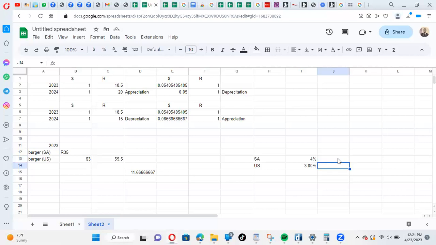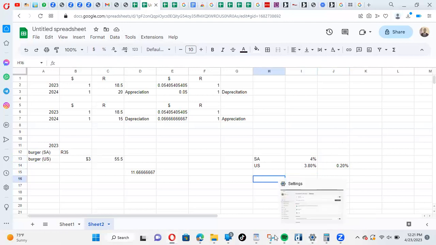So what is your gain here? Your gain is basically the difference between these two amounts, which is 0.2.